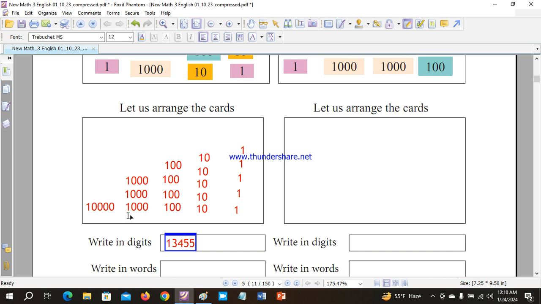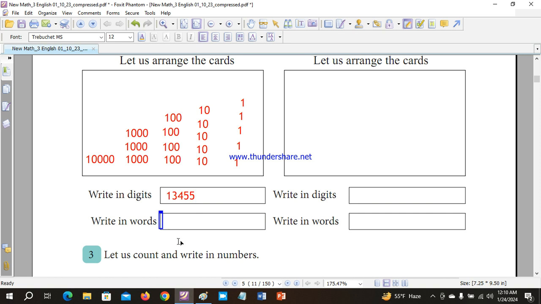And here we say 1 Ojud and 3,000 means 13,000. So we can say 13,455.